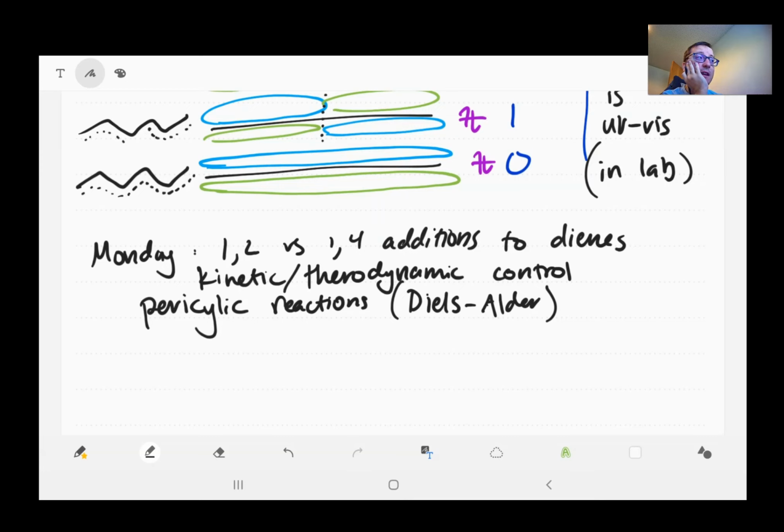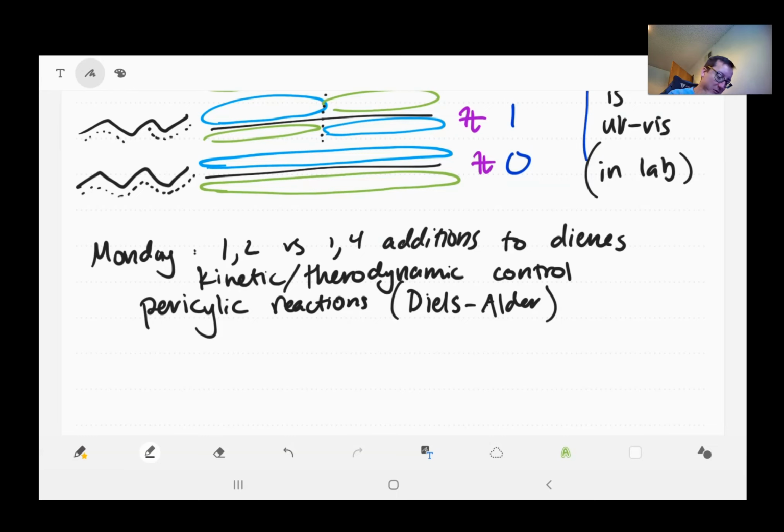Kinetic products are ones that come from the more stable intermediate, but thermodynamic products give you the more stable product. Where it's on a graph.